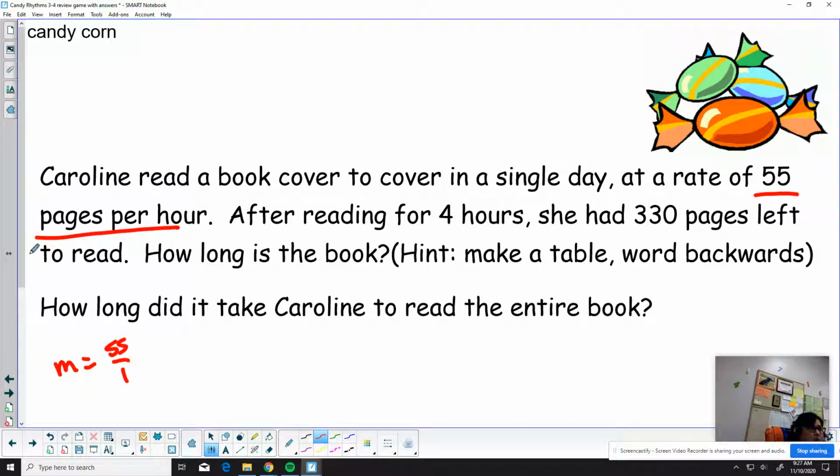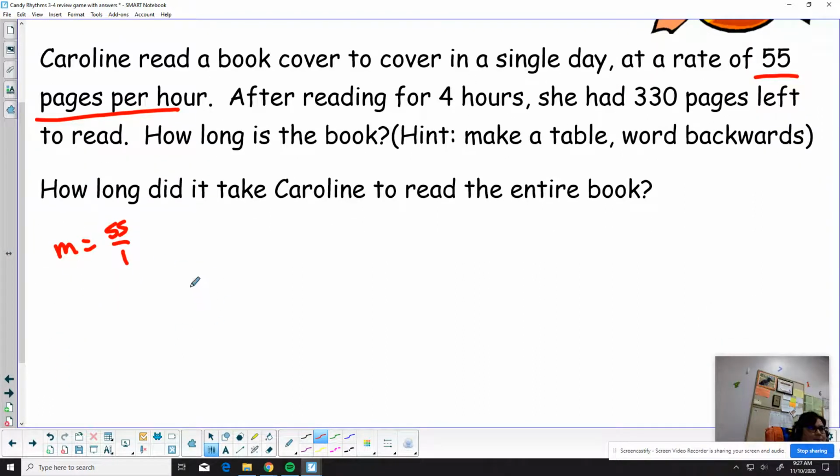Okay, well, let's see if we can figure this out. So if I make a table, X would be hours, and after 4 hours, she had 330 pages left. Okay, and she's supposed to be reading 55 pages an hour. So after 3 hours, if I add 55 to that, 330 plus 55, she had 385.